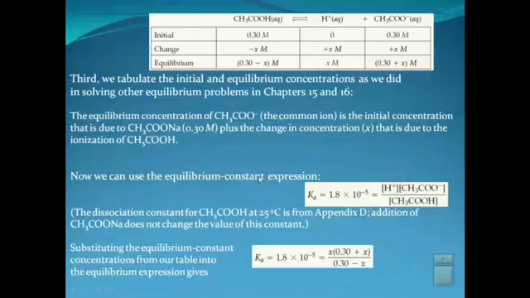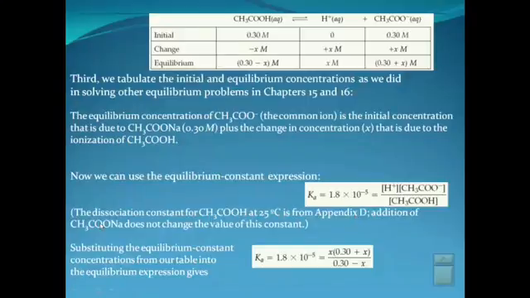Now we just use that equilibrium concentration, so you'd have to look up the Ka for your acetic acid. It's 1.8 times 10 to the negative 5. Notice that they put the products on the top, the reactants on the bottom, so there's our Ka equilibrium expression. And then it says the dissociation constant for CH3COOH at 25 degrees is from Appendix D. So that's something that they'll have to give you on the AP exam.